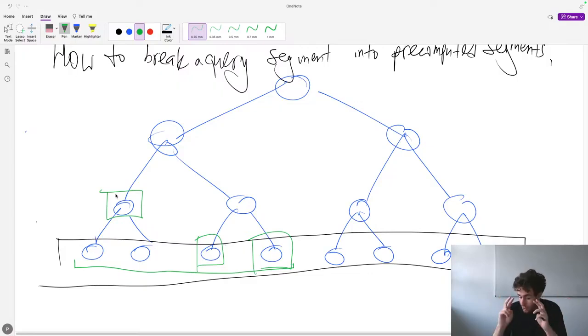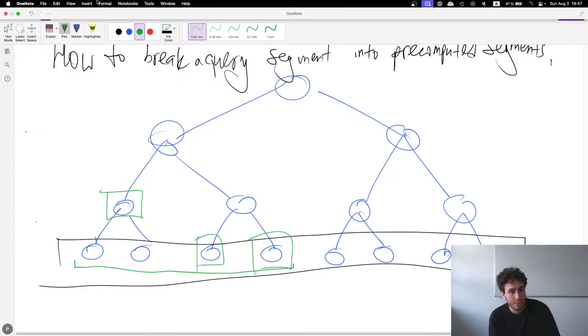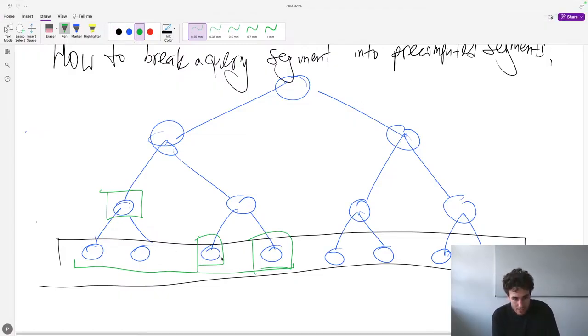Whenever I want to take two siblings, instead I'm going to take their parent. This is a very simple rule, but I want to say that this is already enough. Here we can take these two guys, and instead of that we can take their parent. But now we have the same situation. You see, these are two siblings, so instead I can take their parent.